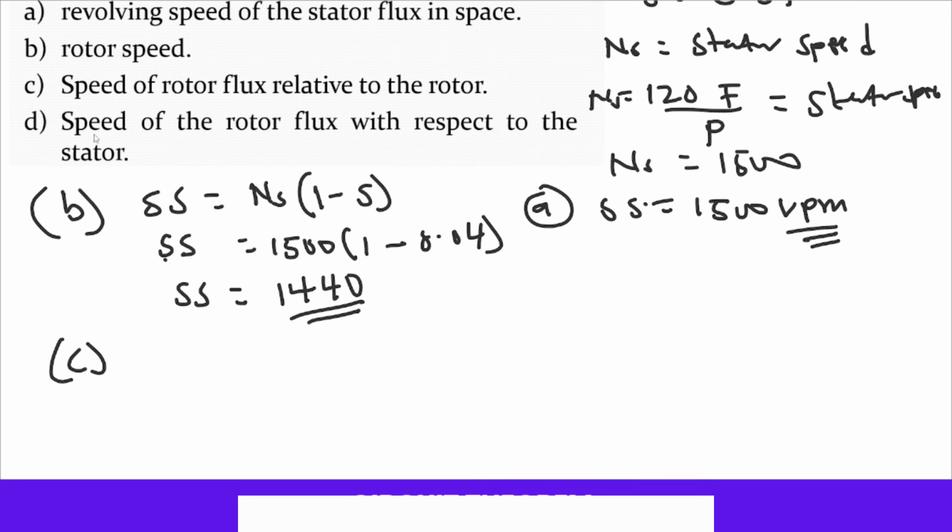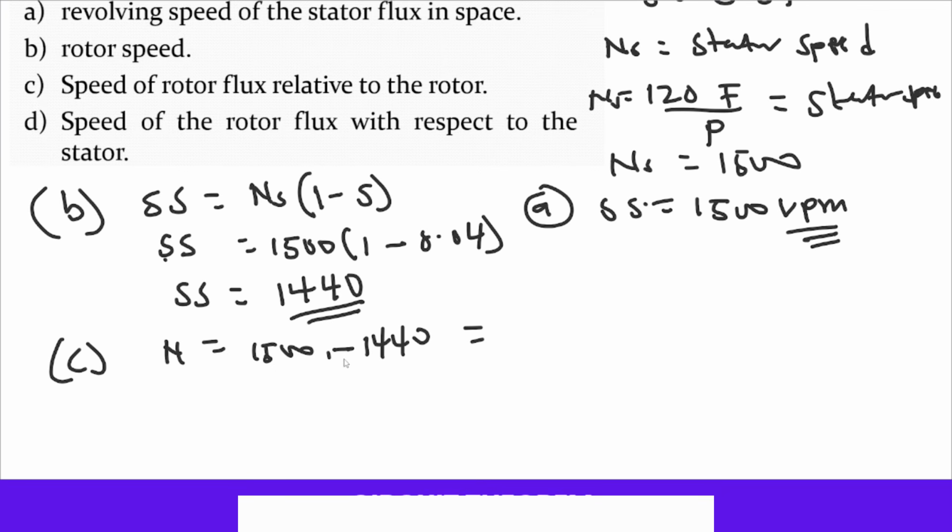Let's look at the c aspect of the question. The question says we should find the speed of the rotor flux relative to the rotor. It means that we are looking at the reference point where an observer is standing at the rotor location.